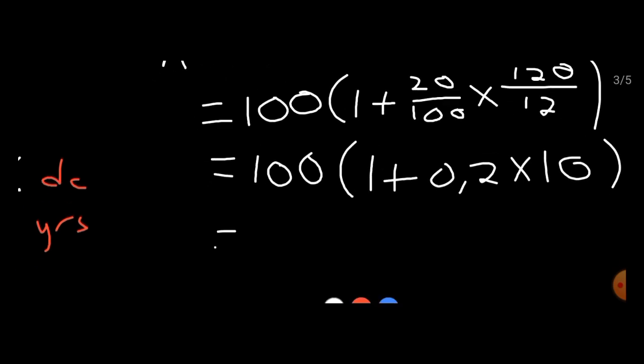There we go. And then we press the calculator: 100 into 1 plus 0.20 multiplied by 10 gives us 300. After 10 years, 120 months, you will have 300 rand in your bank.